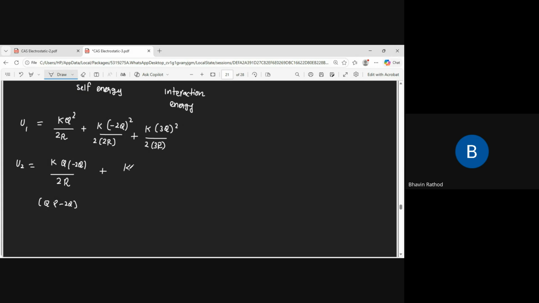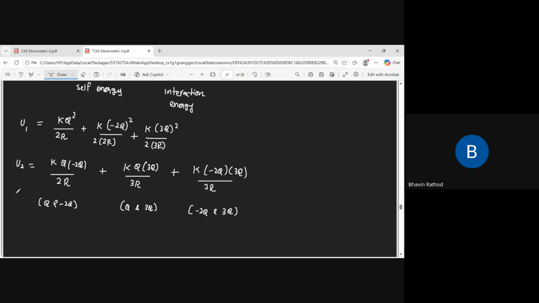Then between Q and 3Q, it will be this divided by 3R. And finally, between minus 2Q and 3Q, it will be this.